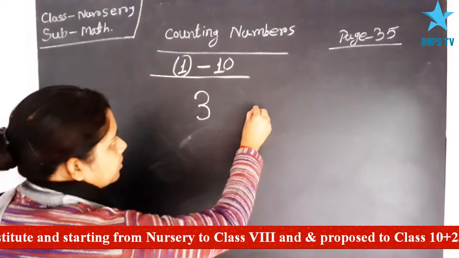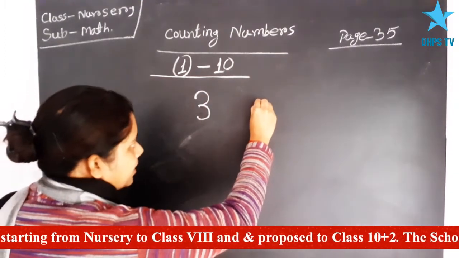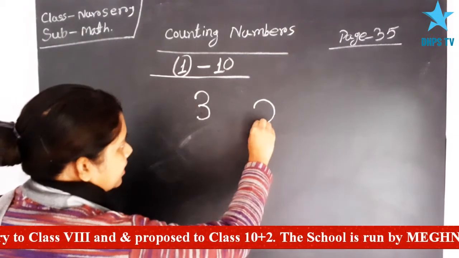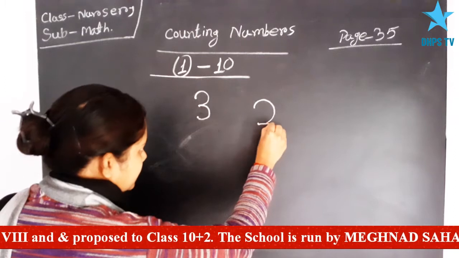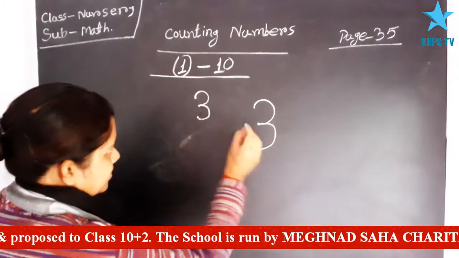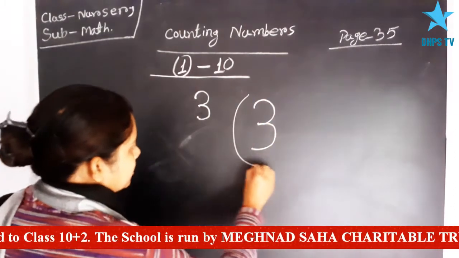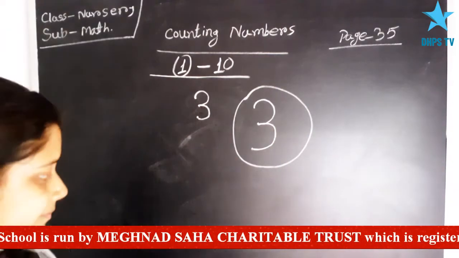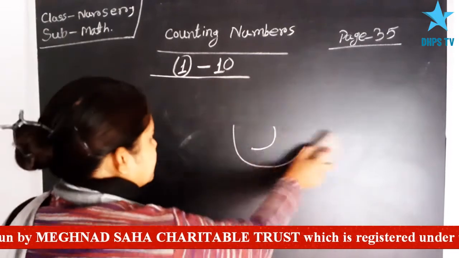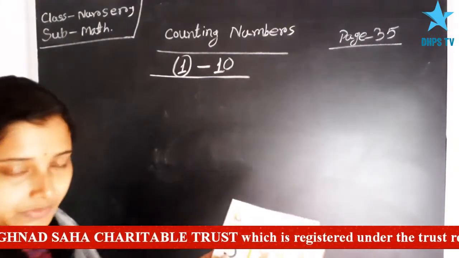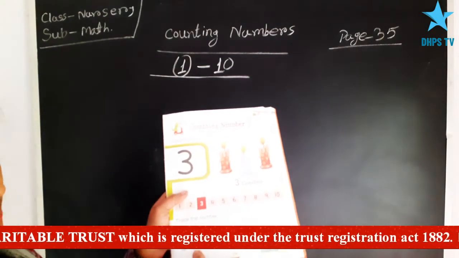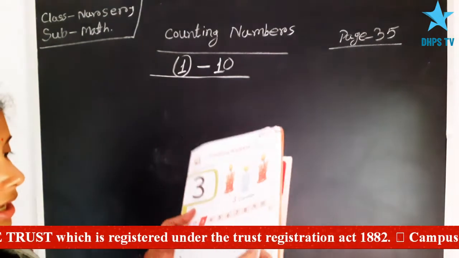So start with a point, make a semicircle, and then again from the end point make a semicircle. So the number is 3. And similarly as the previous number, you can see in the bottom portion the same task has given and you can do the task.